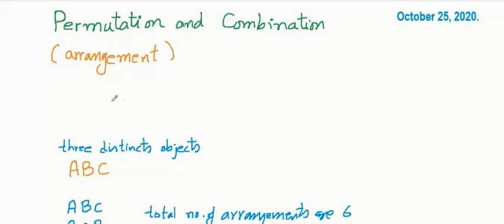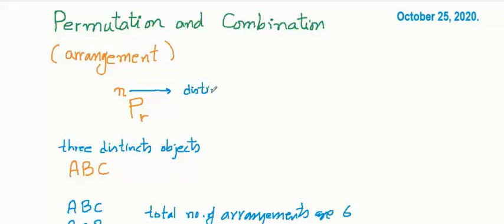So for permutation, which is arrangement, we can use a formula which is nPr. It's a mathematical function. N means how many distinct items we need to arrange. Here in this case, these are 3. I will write here: N stands for distinct objects.